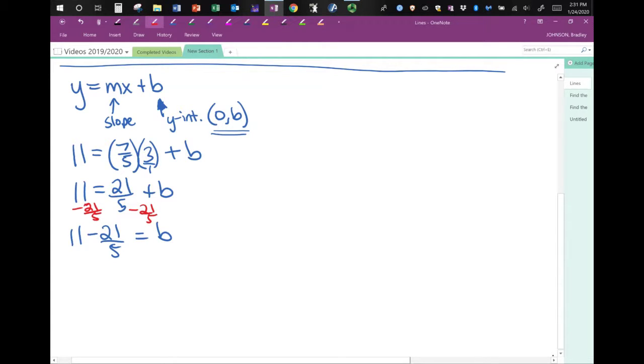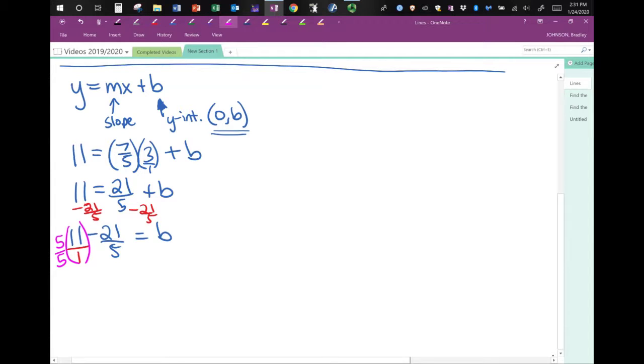So my left-hand side now looks like this. You could treat 11 as 11 divided by 1, and you're subtracting 21 over 5. In order to subtract fractions, we need a common denominator. What will you multiply this 11 by to get a common denominator? Think about it. We need to multiply by 5 over 5.